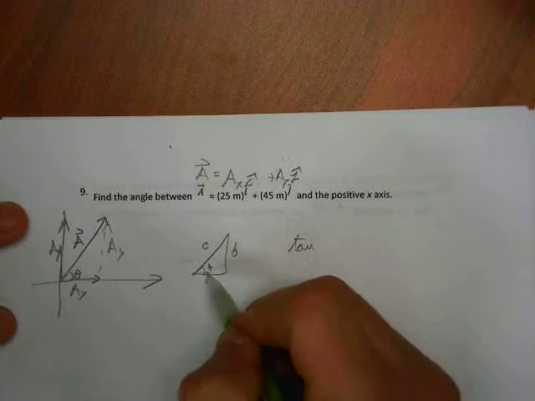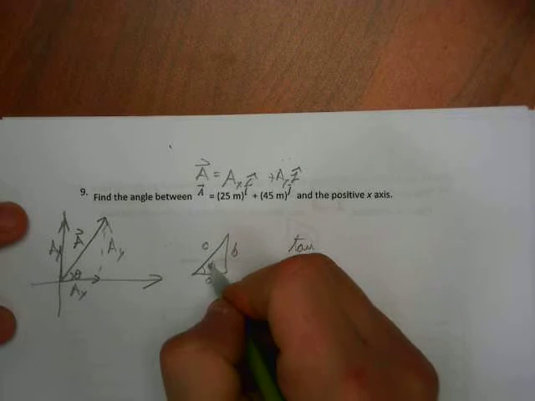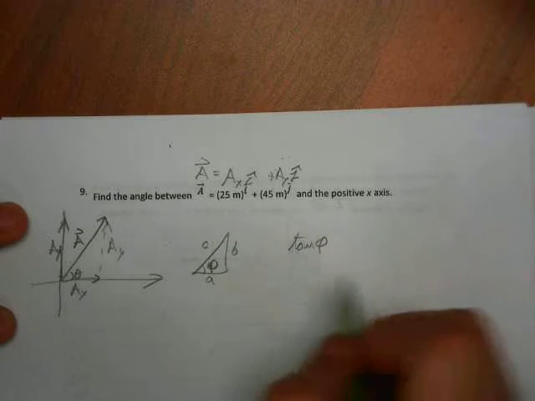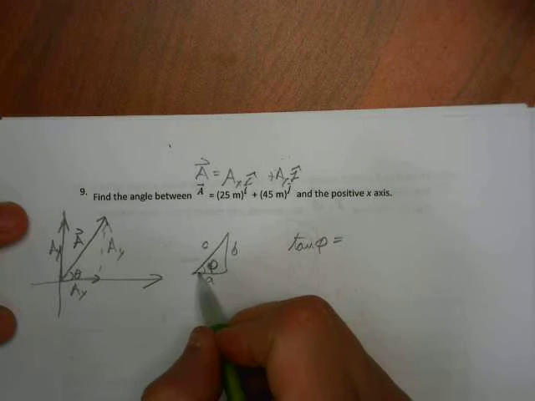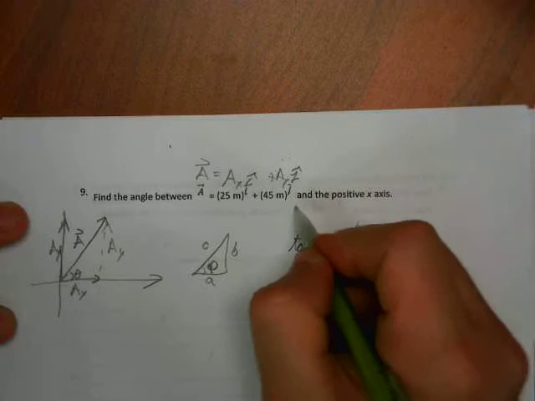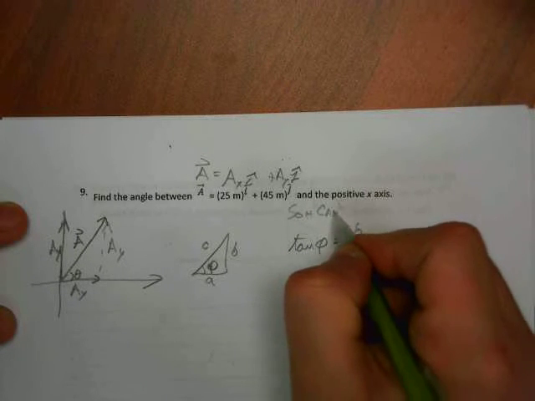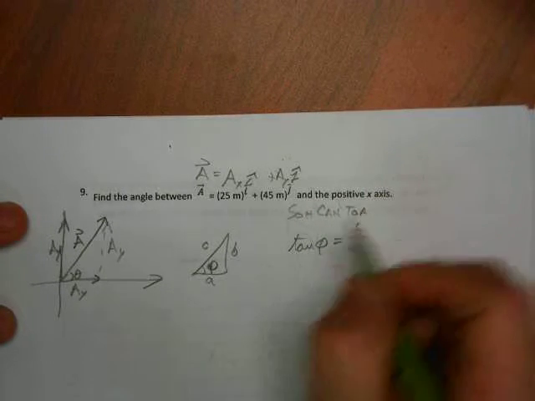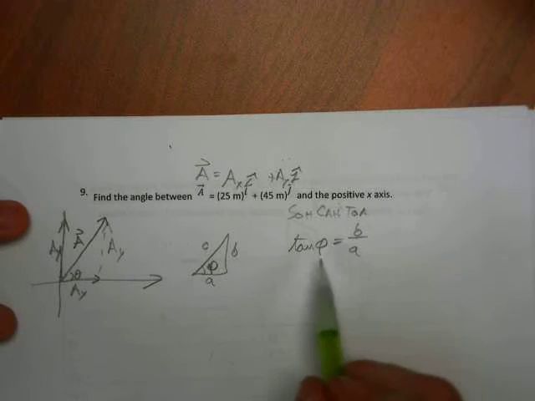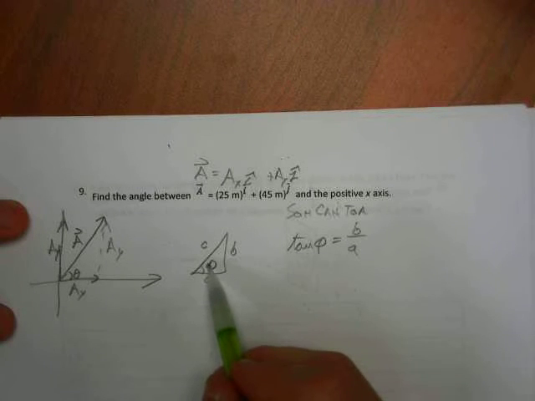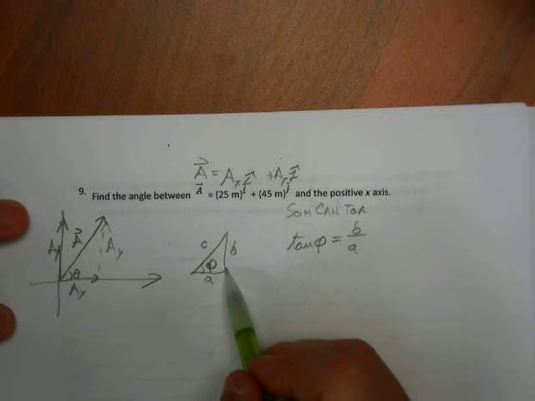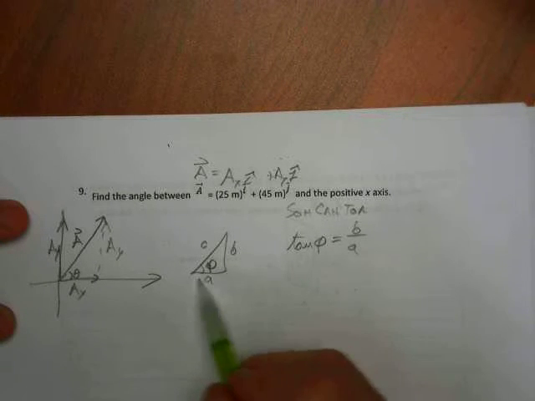Tangent of theta, and let's call this phi, so we don't mix it up with the theta over here, because I'm just talking in general terms over here. Tangent of phi is going to equal opposite over adjacent. Remember SOH CAH TOA? Tangent is opposite over adjacent. All this means is tangent of this angle, which is a unitless quantity, is equal to the ratio of the length of this opposite leg to the length of the adjacent leg.